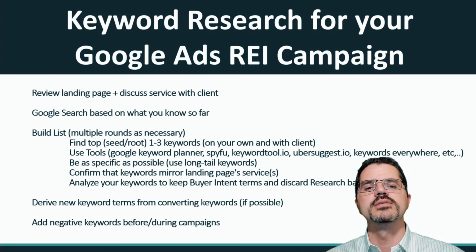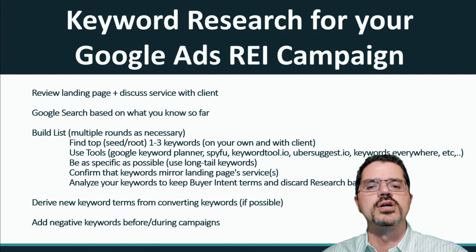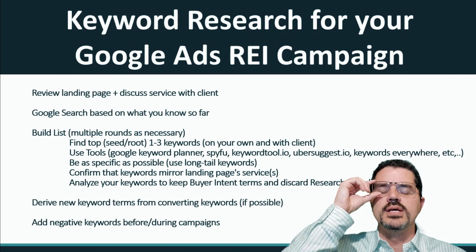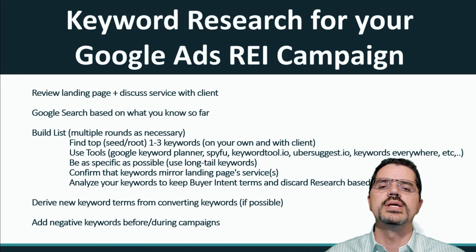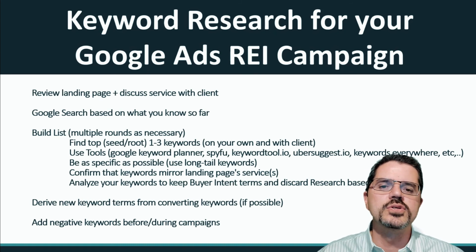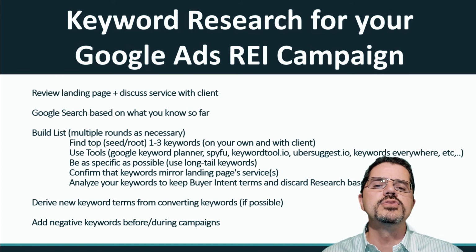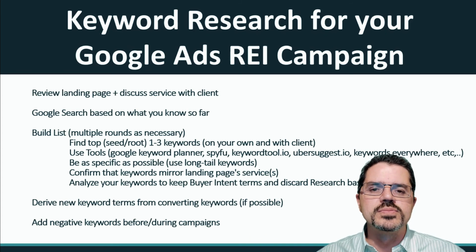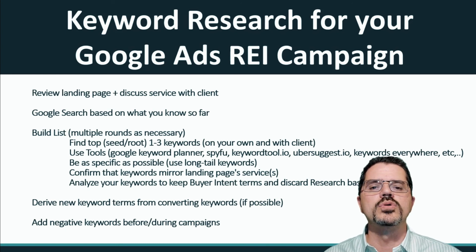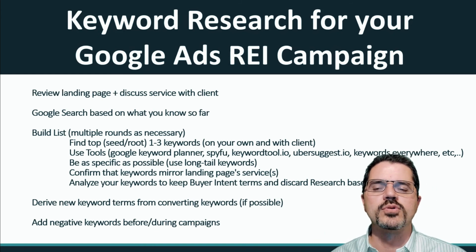Go ahead and make them negative keywords before, if you have a list already, or if you want to start off with an initial list, and then after, once the campaign is running and the search terms are coming in, you can pinpoint what's not working, what's irrelevant, and what has nothing to do with your campaign, and create negative words out of those, so that in the future, people who type in that same term or that same word will not see your ad, and you won't get charged for any ad spend and or clicks.